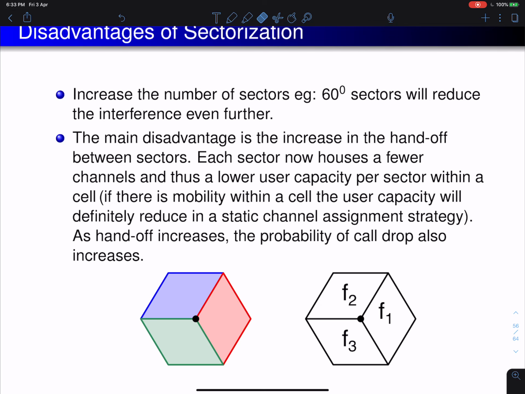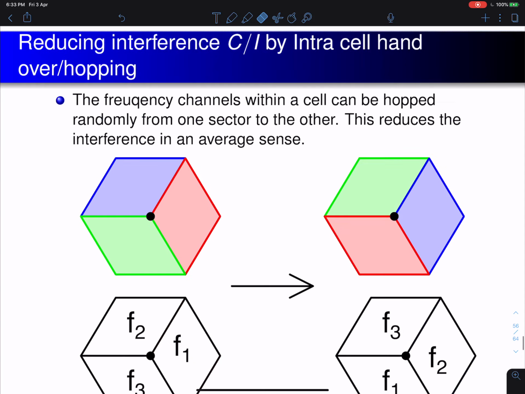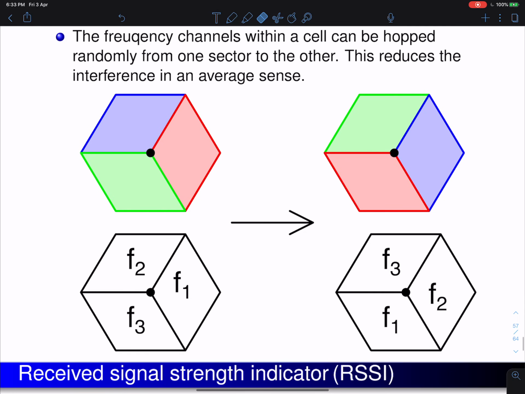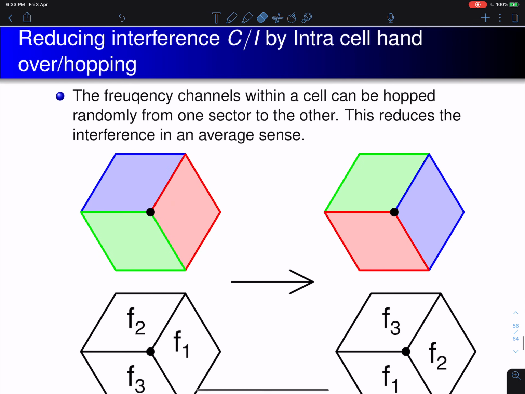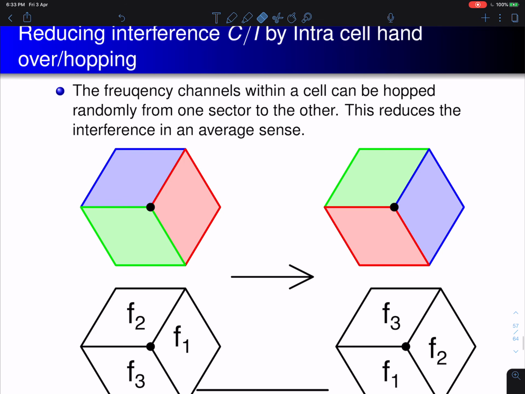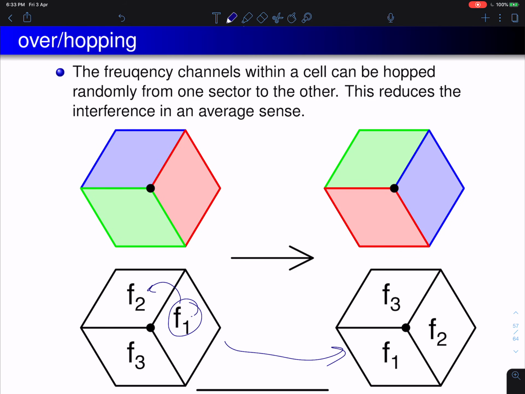Now there are other techniques for reducing interference even further. Like we said, instead of doing a fixed channel assignment, I can actually do frequency hopping. I can keep hopping the channels. I have shown here that I have changed the channel assignment randomly.